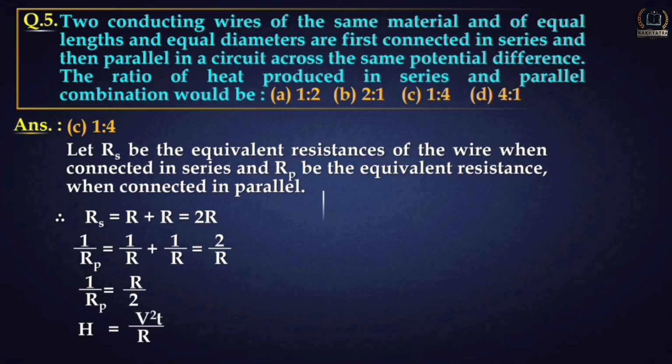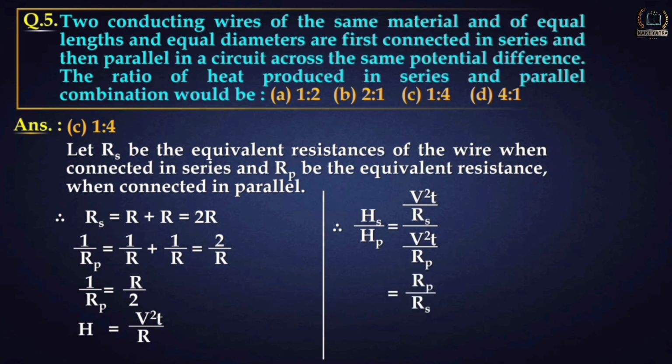Heat equal to V squared into T by R. Therefore, the ratio of HS to HP, where S means series and P means parallel. Now put the values: V square into T by RS divided by V square into T by RP. The ratio is RP by RS. Therefore, HS by HP equal to 1 by 4.